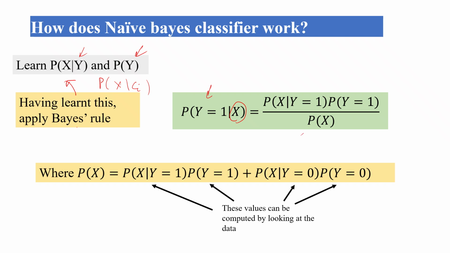And P(X) is simply the summation over all the classes: P(X given y equal to 1) multiplied by P(y equal to 1) plus P(X given y equal to 0) multiplied by the prior. Okay, so all these also can be computed by looking at the data.